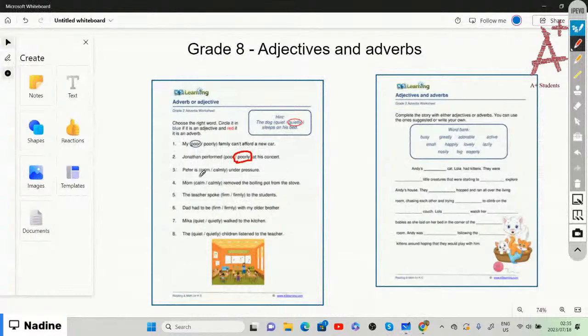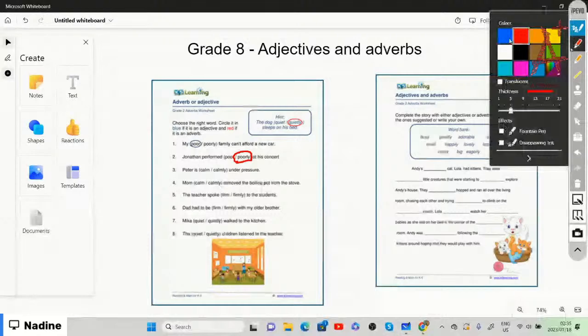Peter is calm under pressure, or Peter is calmly under pressure. Is he calm under pressure or calmly under pressure? So we will just say that calm describes how Peter is when he is under pressure.